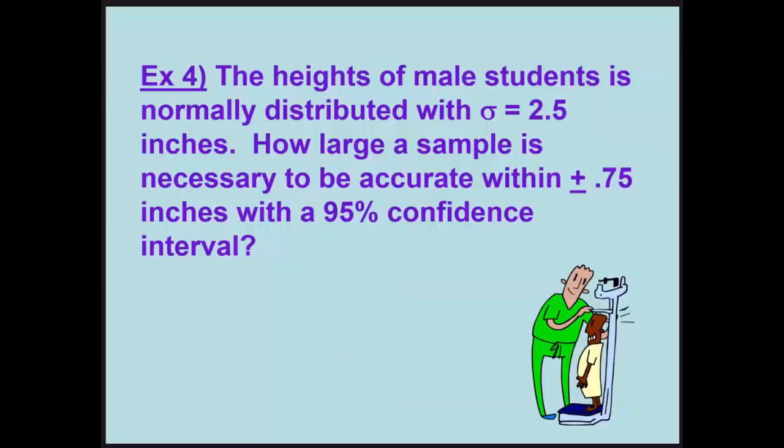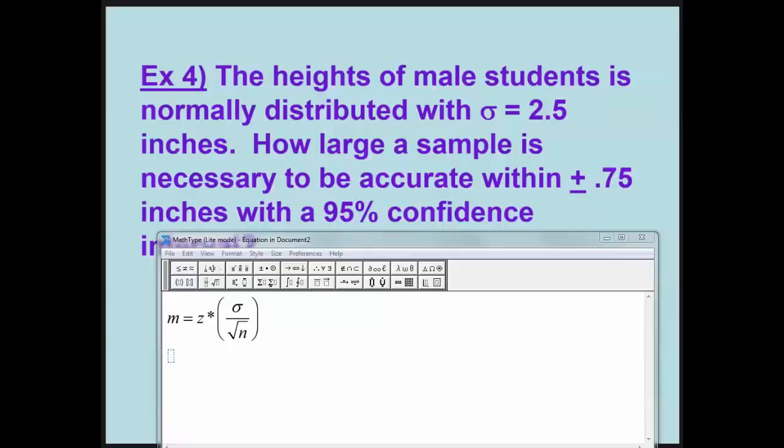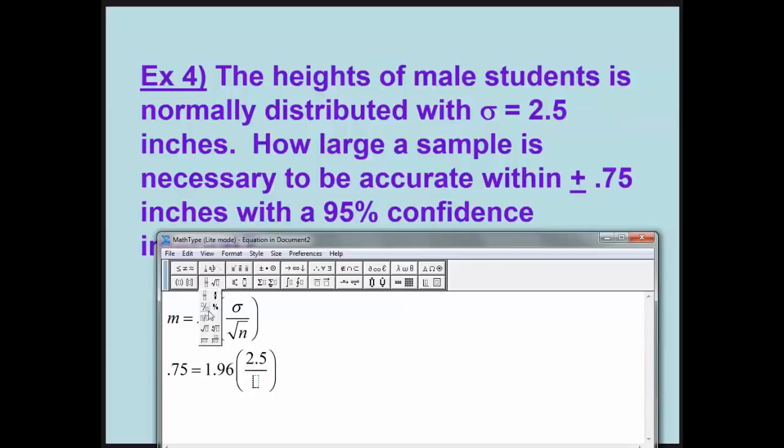So I'm going to have to take a look at this particular confidence level. We are told that the margin of error is 0.75, and I need a z star for 95%, so that's 1.96. They tell me that sigma is 2.5, and I want the square root of n, so I'm eventually going to solve for n here.